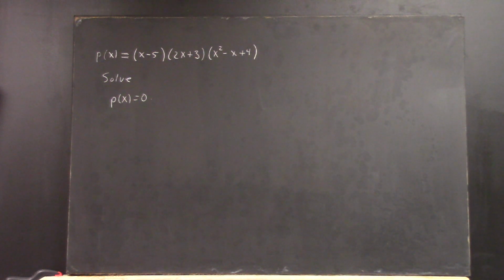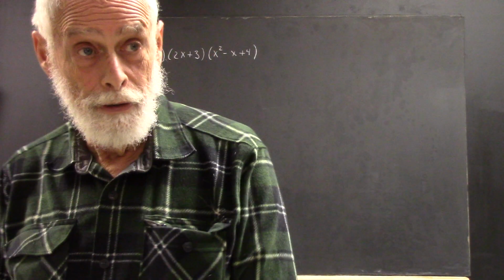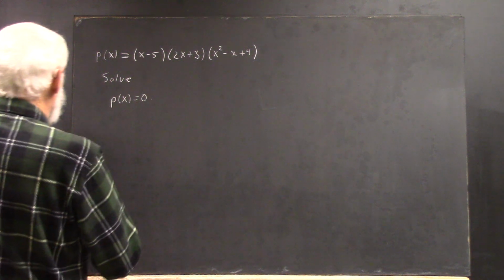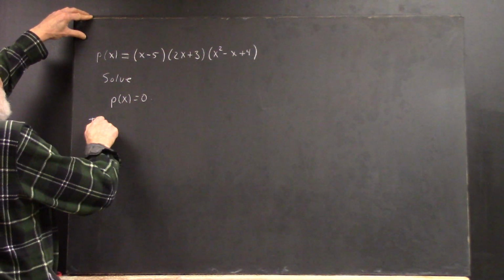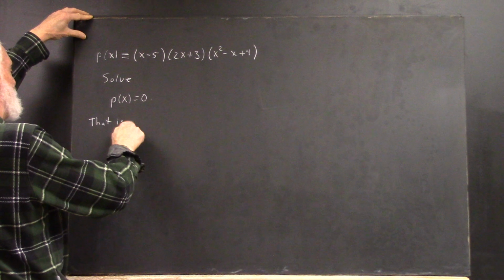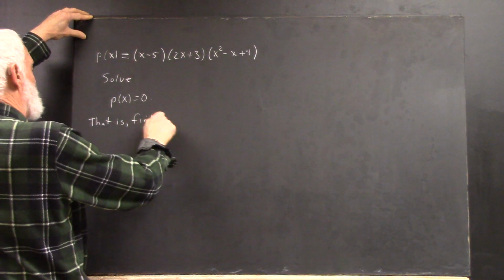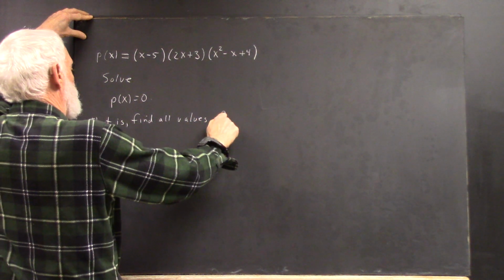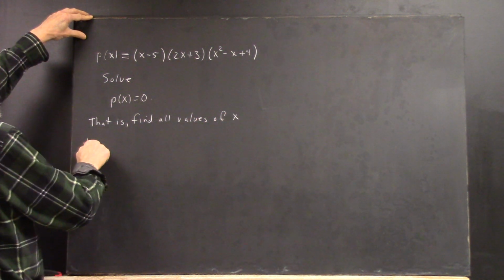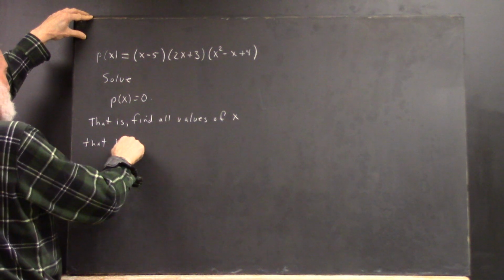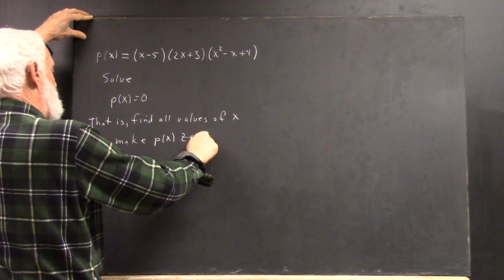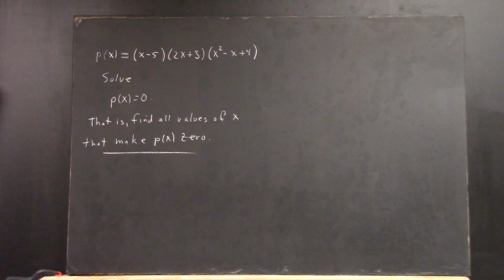What do we mean by solve p of x equals 0? This means find a value of x that makes it 0, right? Okay, that's what it means.